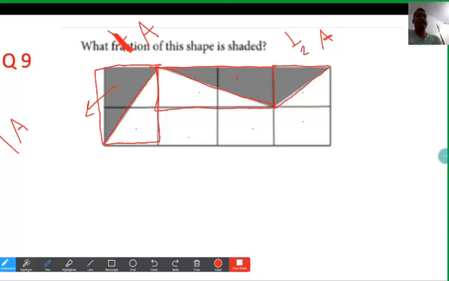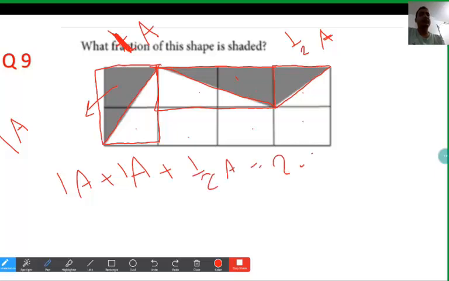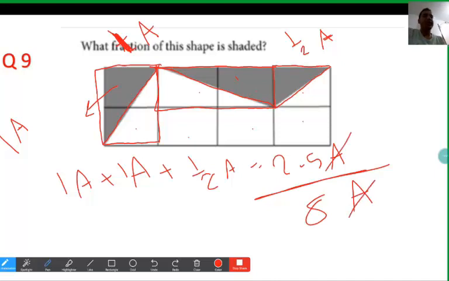So the total shaded area is 1A plus half A, which is 1.5A. Then 1.5A divided by, how many rectangles do we have? 8. Each one has an area A, so 8A. Now simplify 8 with A. 1.5 divided by 8 is 3/16. This is the fraction of the shaded part.